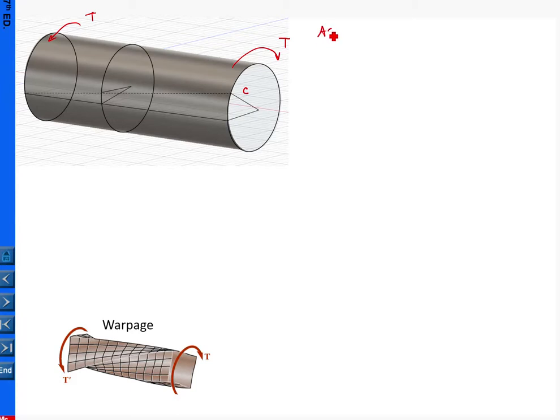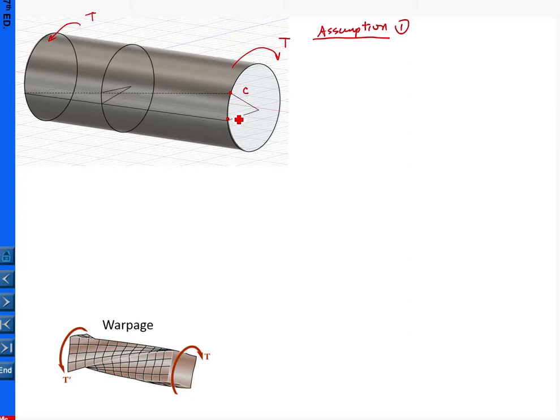The first assumption is this: every point on the cross section. For example, we consider this cross section. Every material point, once deformed, will undergo rigid body rotation.